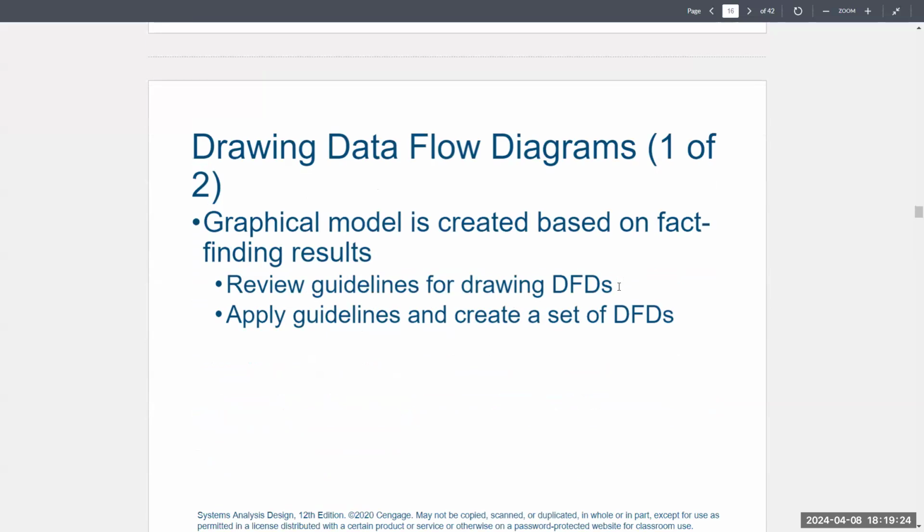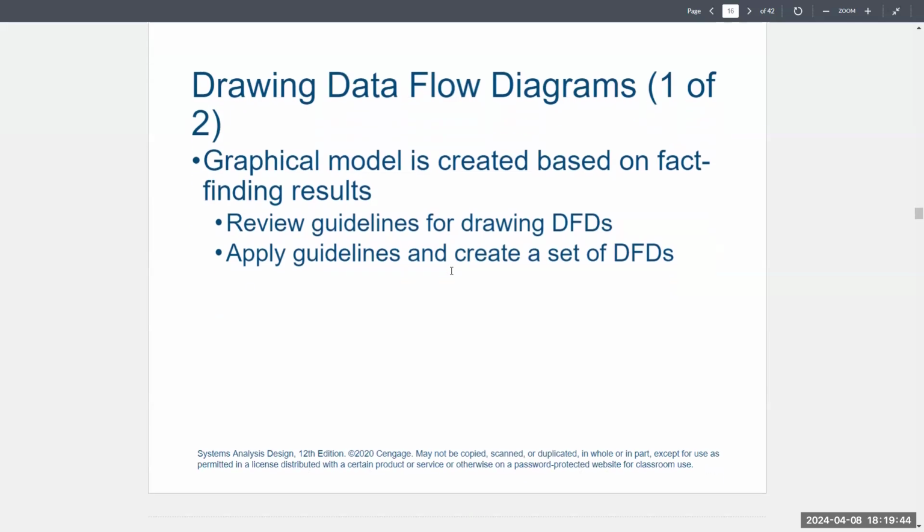Rather than everything being verbal or in plain text, you can use these types of diagrams to clearly illustrate all of that information that's been gathered about our system, our process within that system. So as a system analyst, if they're not experts at this, they need to review those guidelines to make sure they avoid the mistakes, right?